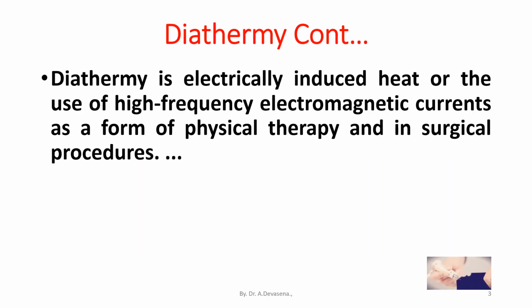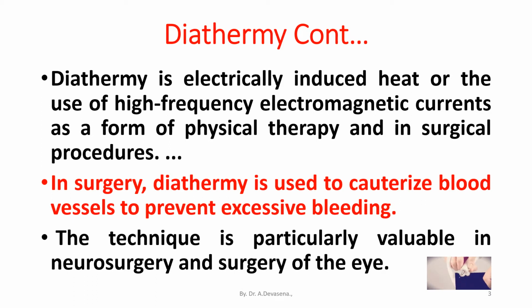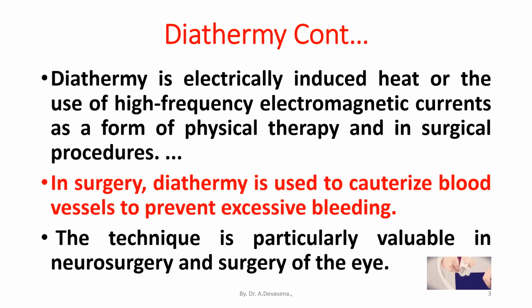Diathermy is electrically induced heat or the use of high-frequency electromagnetic currents as a form of physical therapy and in surgical procedures. In surgery, diathermy is used to cauterize blood vessels to prevent excessive bleeding. The technique is particularly valuable in neurosurgery and surgery of the eye.